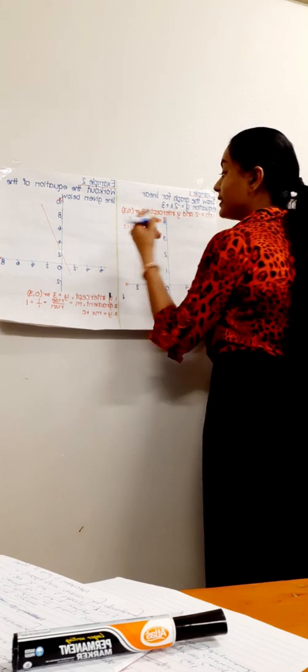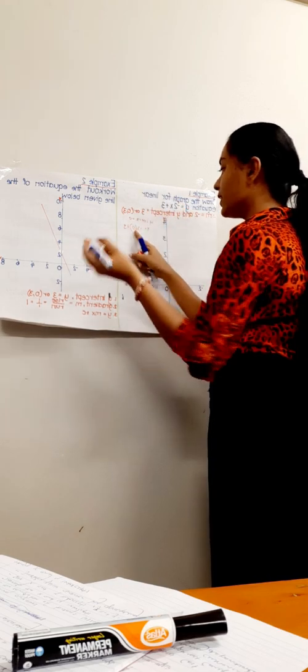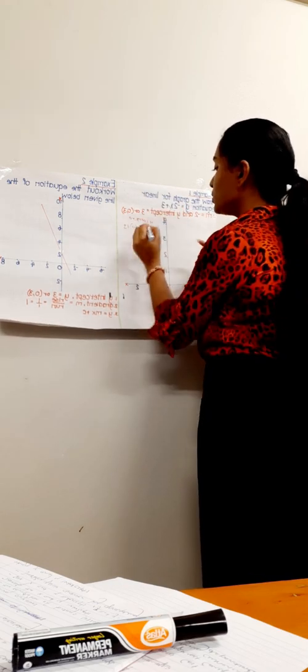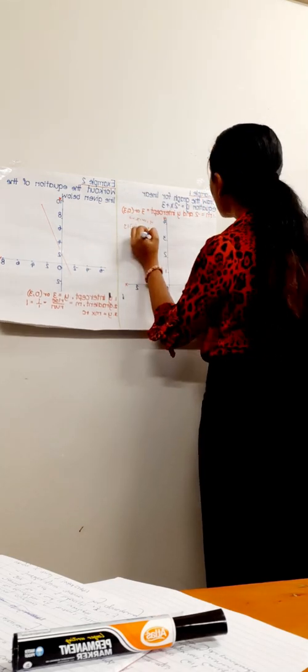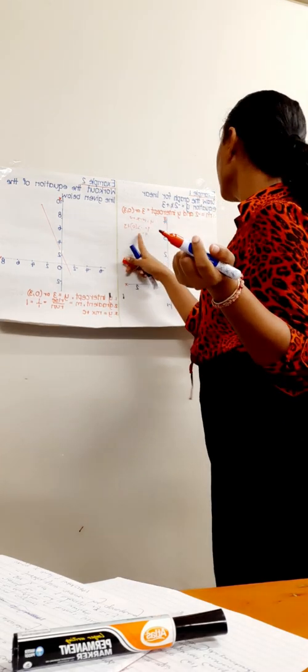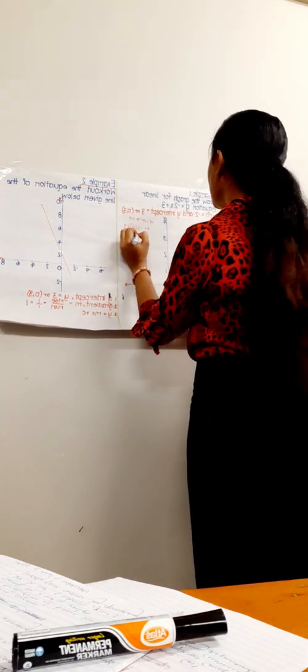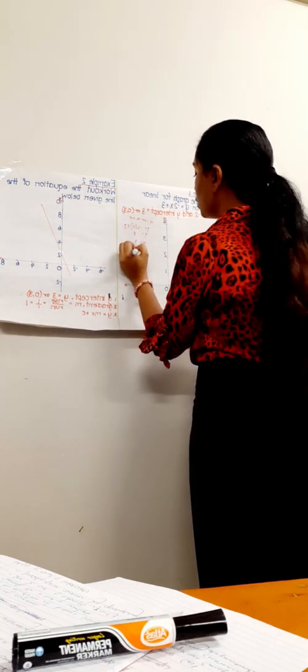Because for the y-intercept x equals 0. Your question was y equals 2x plus 3, so your x equals 0 in this question. So please take out your calculators. Okay, so y equals negative 2 times 0 plus 3. What is the answer? It's 3. So y equals 3. Your y-intercept is 0, 3.